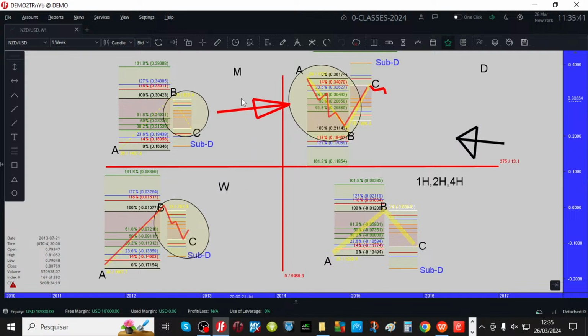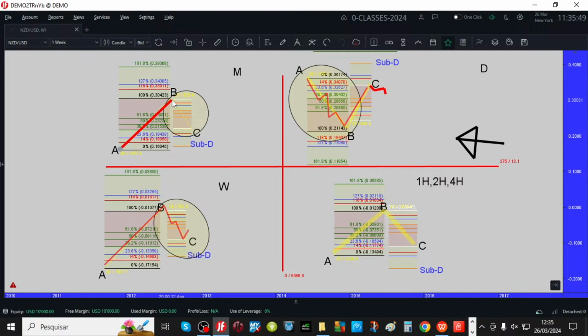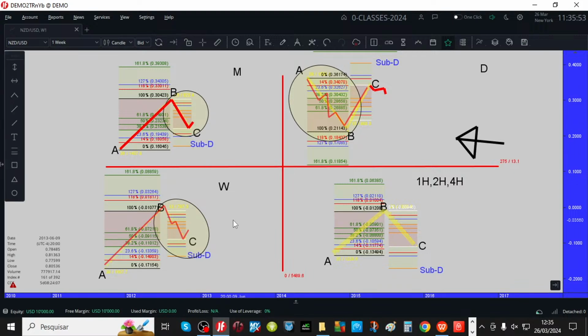Between the 4 time frames, what is the driving force? Is the monthly the driving force? Is the weekly the driving force? Is the daily the driving force? Or is the 1 hour, 2 hour, 4 hour chart the driving force?